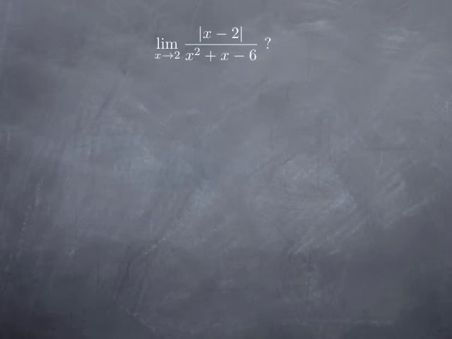The problem is we don't have a quotient of polynomials because of the absolute value. We would if we could drop the absolute value, but the absolute value is there. So what can we do? What do we do with this absolute value? In other words, what is really the absolute value of an expression?